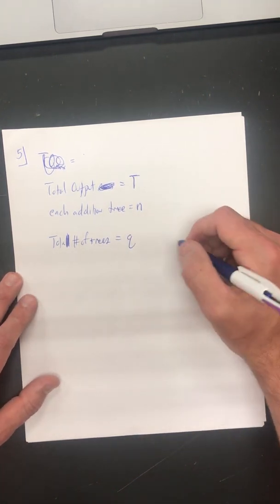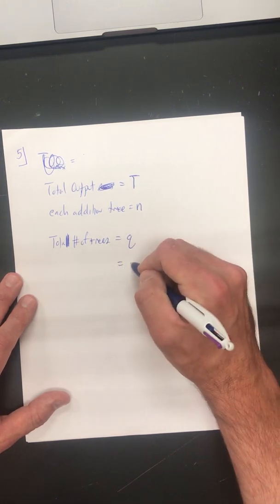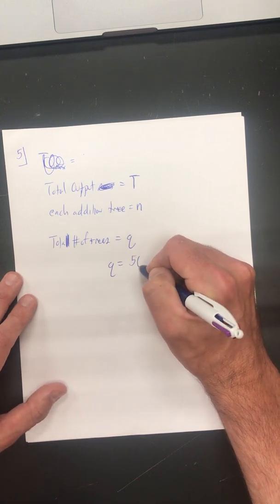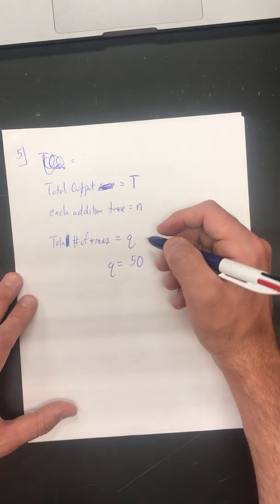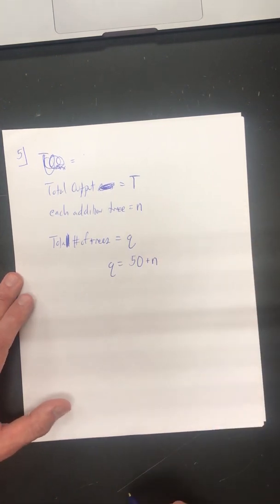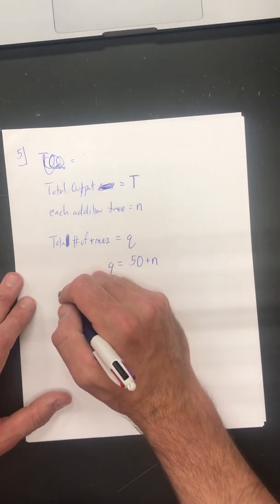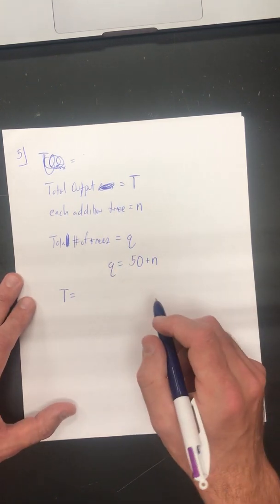So therefore, I can create an equation for Q. Q is going to equal, well, initially there are 50 trees, right? And then for each tree planted, so that's just going to be Q is equal to 50 plus n, the total number of trees.